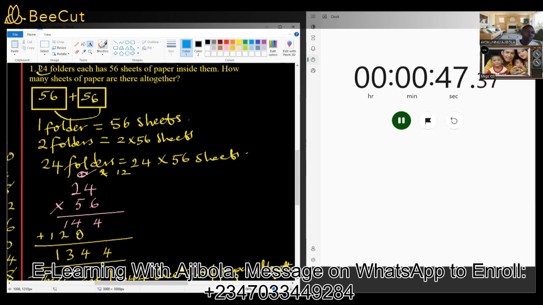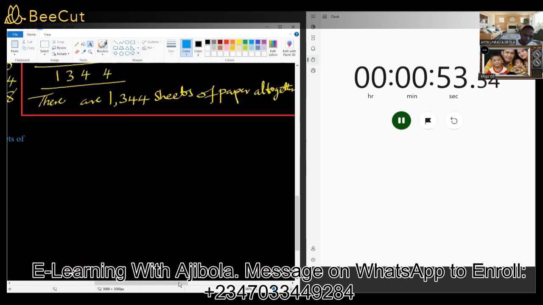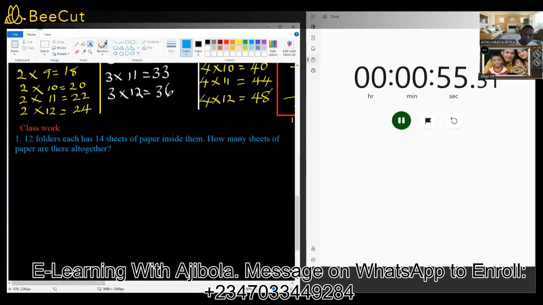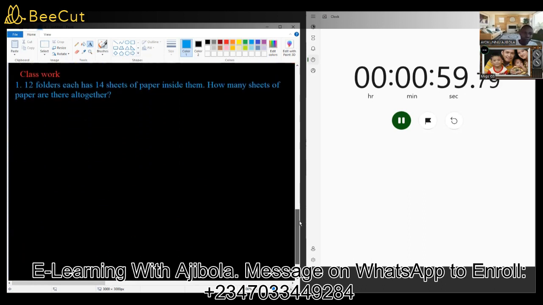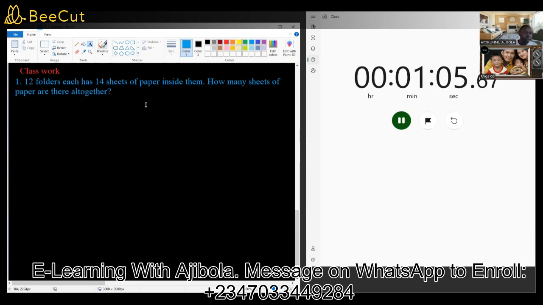And we had to multiply 24 by 56 in order to get the total sheets. But this time around, you are given 12 folders, and each folder has 14 sheets, okay? Then you have to find the total number of sheets in all the folders.